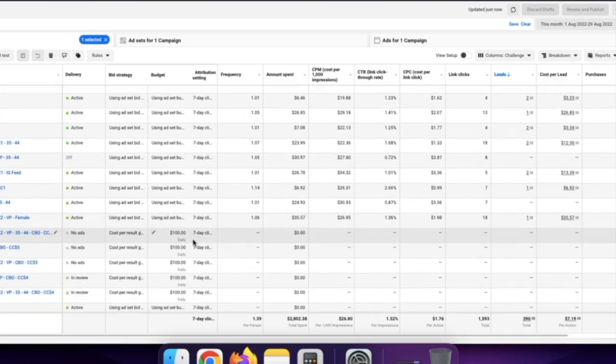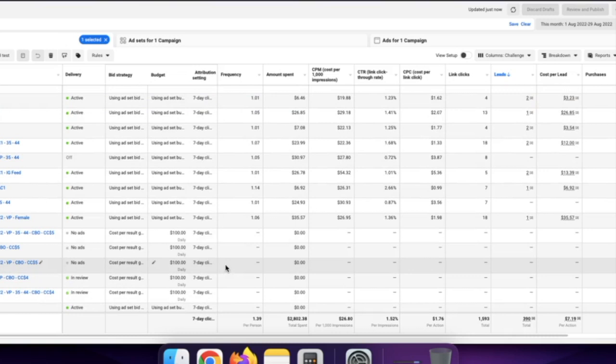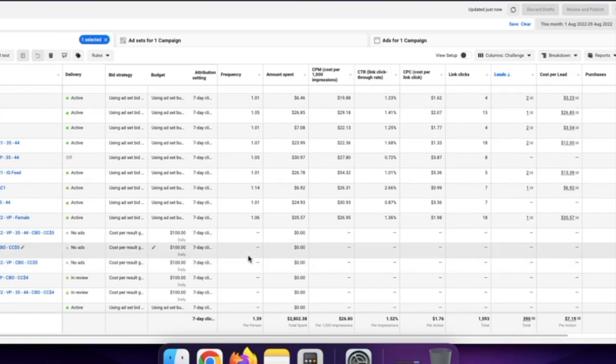So you can see here I've launched all of these cost caps and CBOs. So I'm going to wait now for a few hours until they all get approved. Then in a few hours' time, I'll have a meeting with Marcelo, who's our in-house media buyer, and we'll plan the rest of the day in terms of what we're going to look to launch.